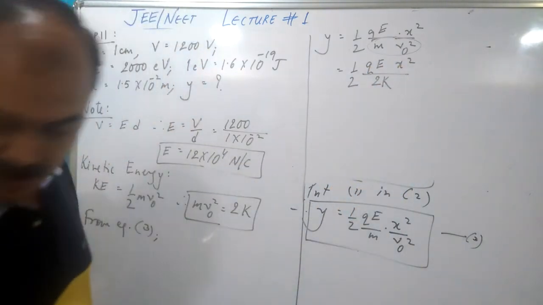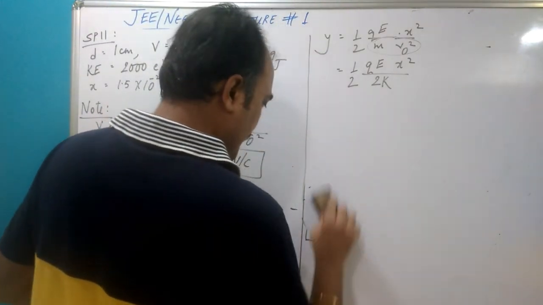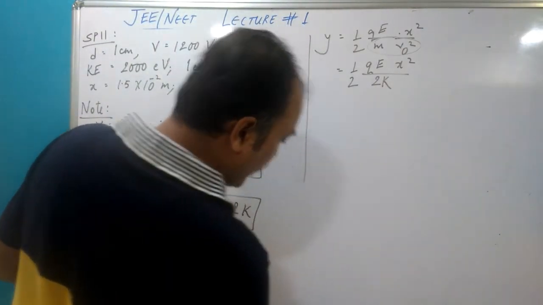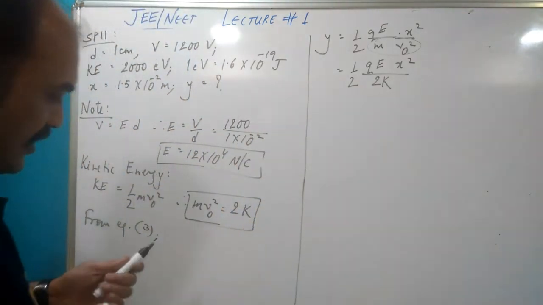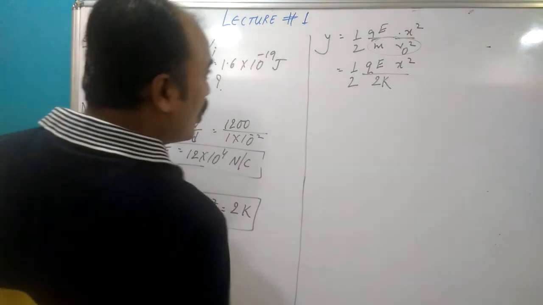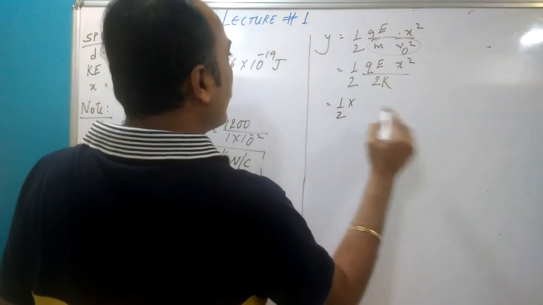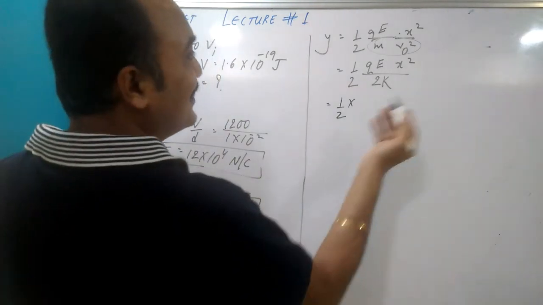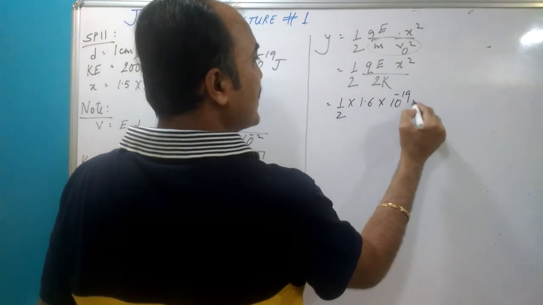And now a bag full of substitutions. I'm sure you don't run away from substitutions. They are God's gift. And if you can do them right, God is waiting for you at the other end. That doesn't mean you become dear to God. We don't worry about that. It's an electron actually. So charge is 1.6 into 10 raised to minus 19.